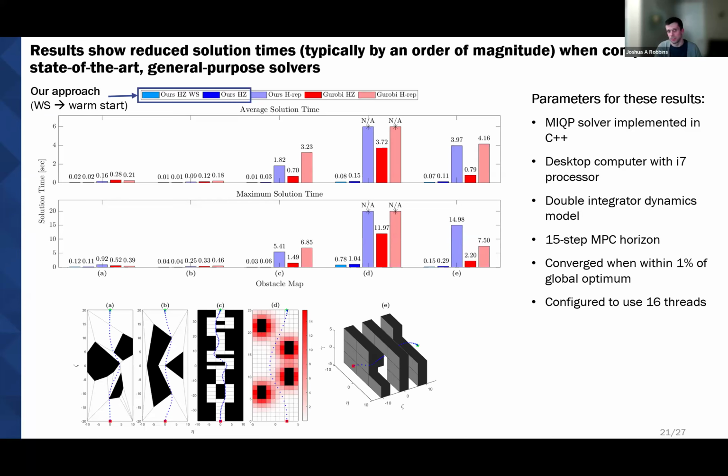Some parameters for these results: our solver is implemented in C++, and we're calling Gurobi via its C++ API. We used a desktop with an i7 processor, a double integrator dynamics model, a 15-step MPC horizon, the same convergence criteria for both our solver and Gurobi, and both solvers were configured to use 16 threads.